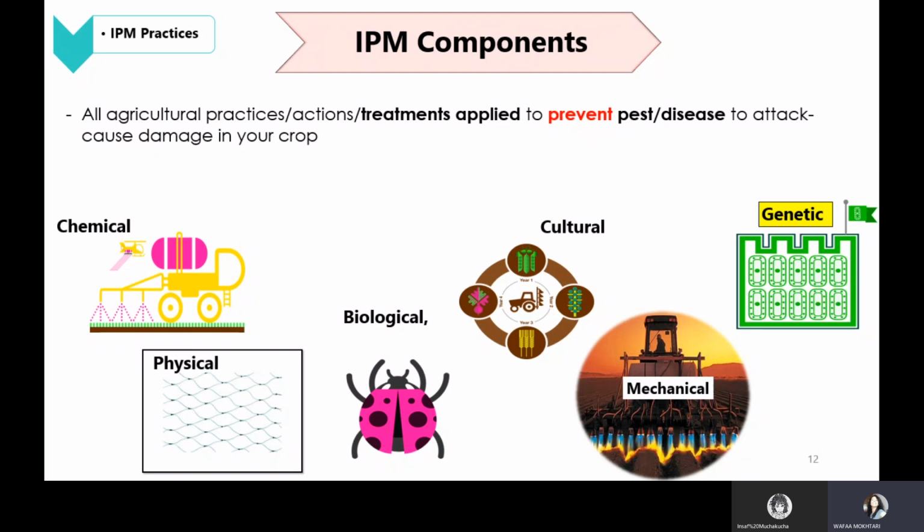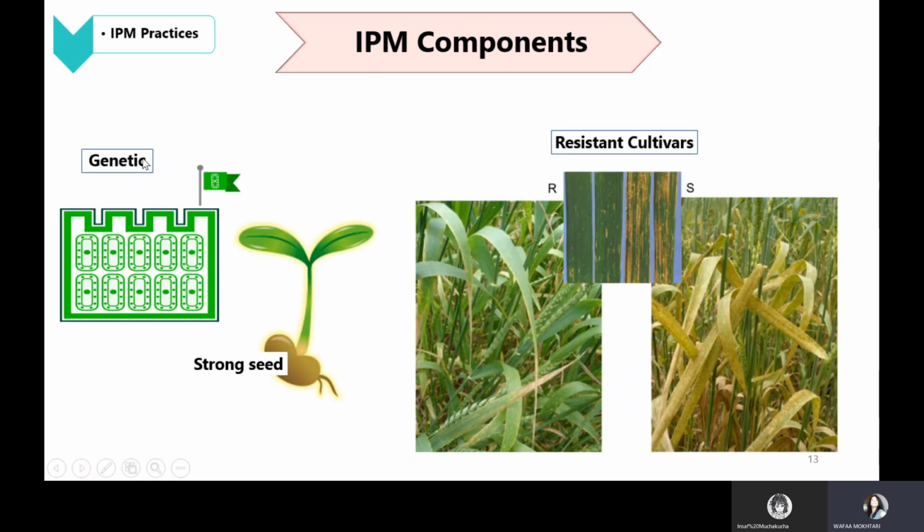Let's continue with the IPM practices. We have now genetics, for example. IPM practices may also use genetics, which means choosing resistant cultivars. It makes your seeds stronger, more powerful.